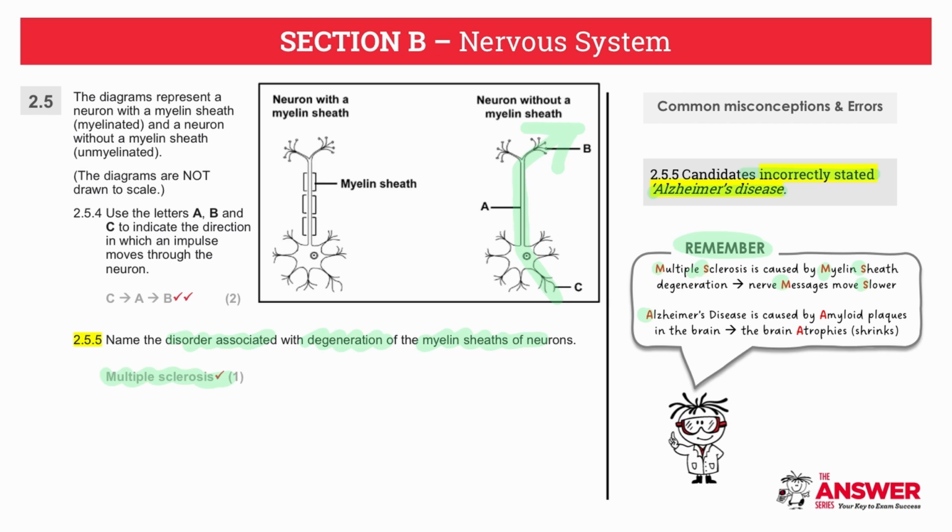Alzheimer's disease is caused by amyloid plaques in the brain and leads to the atrophy, the shrinking of the brain. So MS, all links together. Multiple sclerosis, myelin sheath, messages move slower. Alzheimer's disease, amyloid plaques lead to atrophy of the brain, becomes smaller.